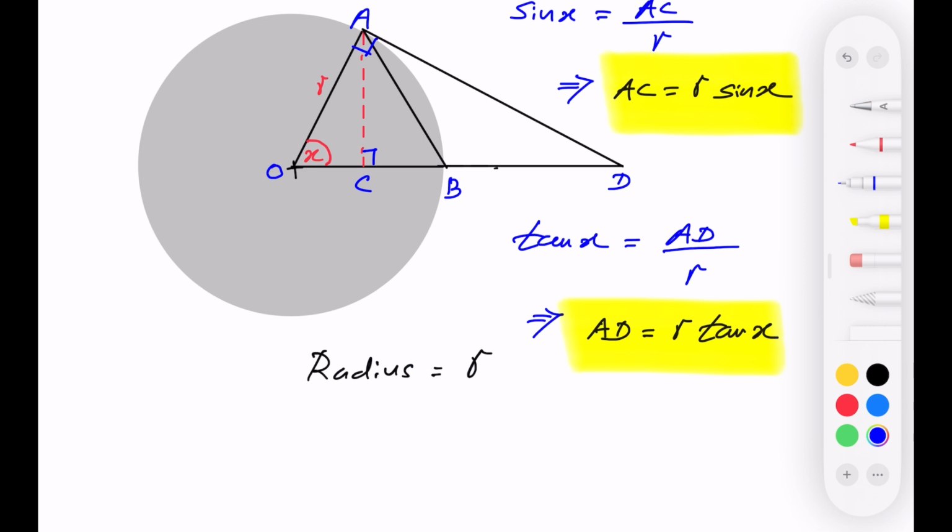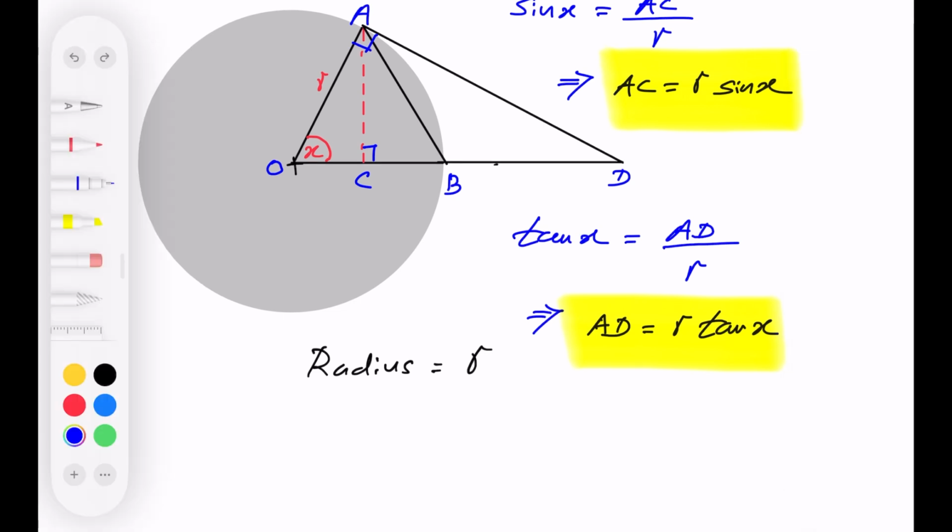Now we are going to pay attention to three geometric shapes that we can see in this construction. First, you are going to look at the triangle OAB, and then you are going to look at the sector OAB, and finally you are going to look at the triangle OAD. Out of those three geometric shapes, which one has the smallest area?